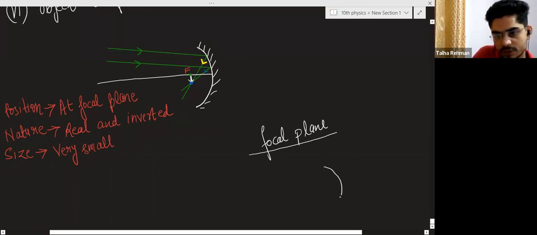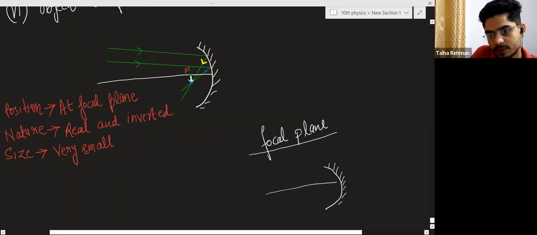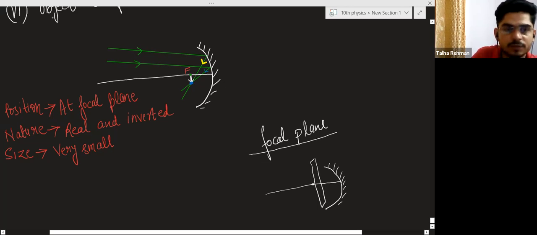So suppose this is the mirror and this is the principal axis, and this is the focus. And this plane here is known as the focal plane.